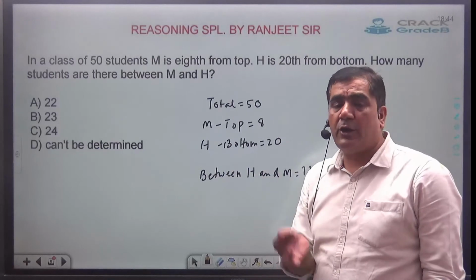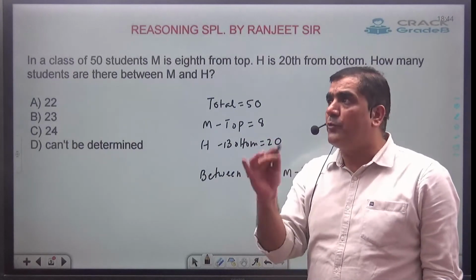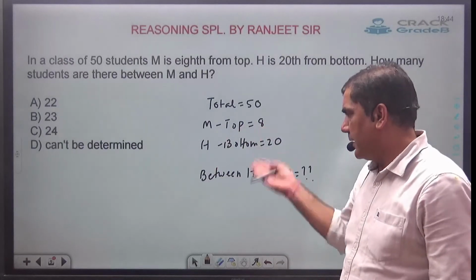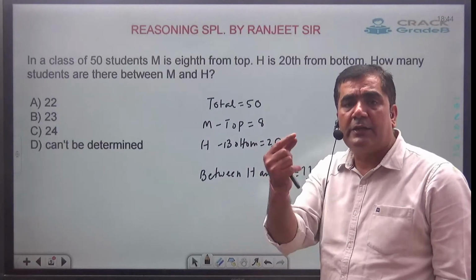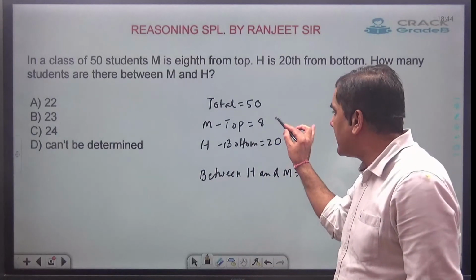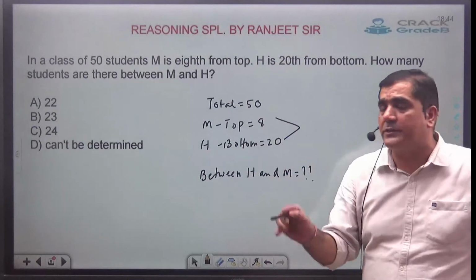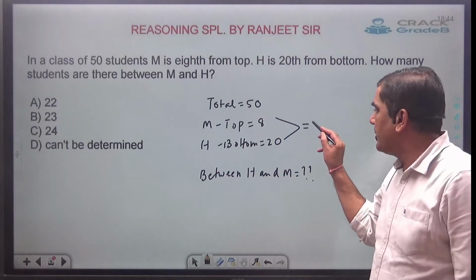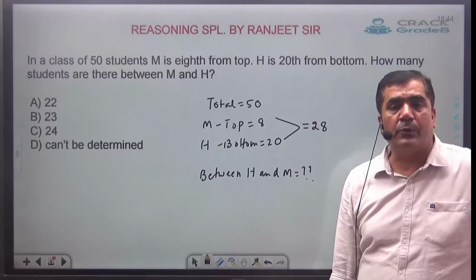How to find which case applies here? Whenever we have to check this, simply add the two numbers. Whatever positions they have given, simply add the positions. So 20 plus 8 comes out to be 28.